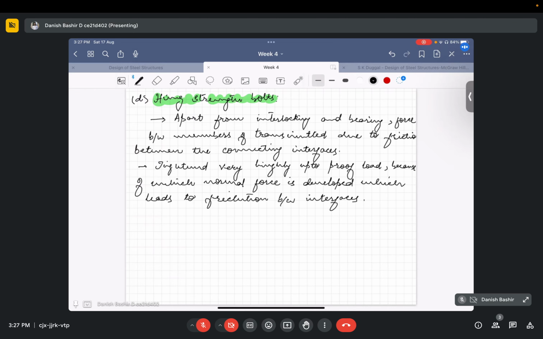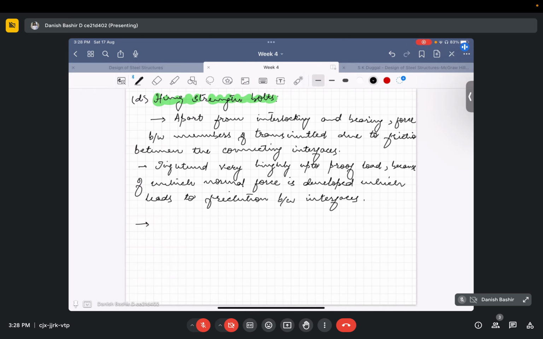Then moving forward, we have what are the advantages of... so because of this they develop a friction, because they develop a grip because of this friction, so we call this high strength friction grip bolts.